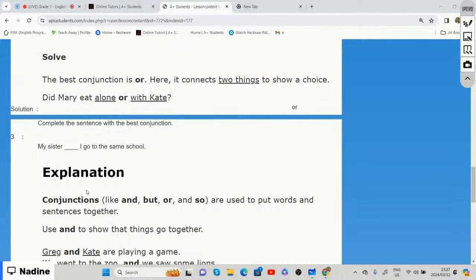So it's either his sister goes to the school or he goes to the school. But based on our sentence, it looks like both of them go to the same school.